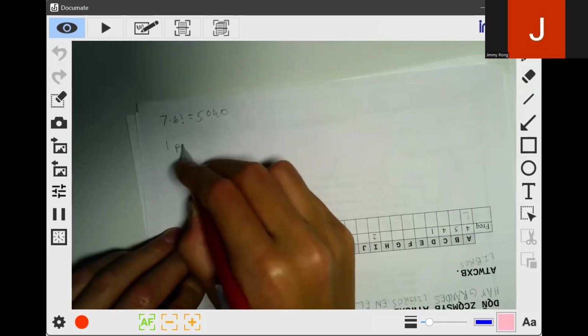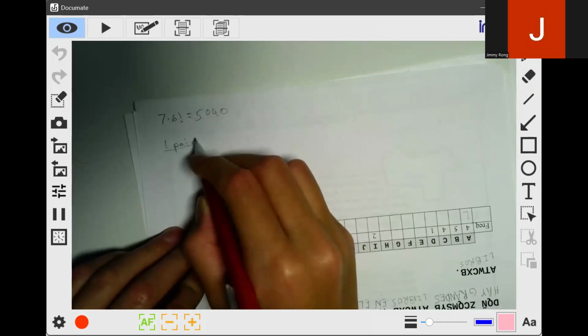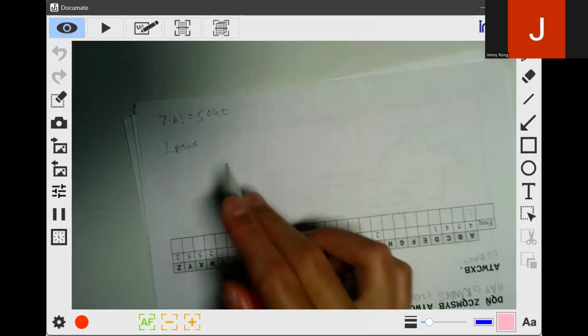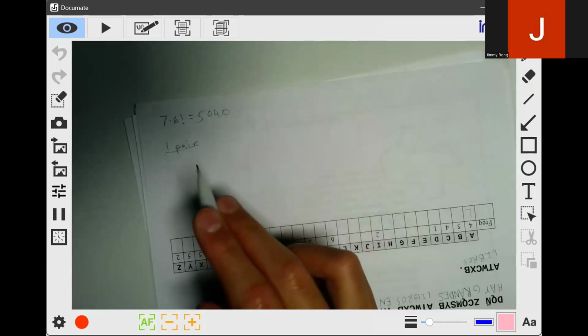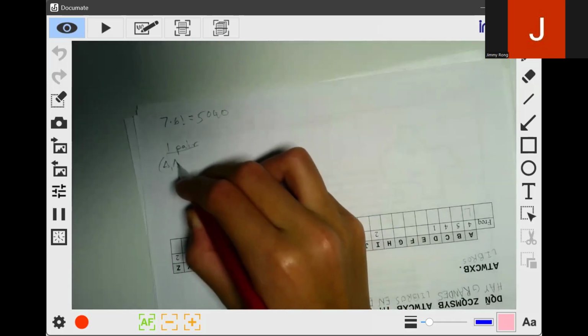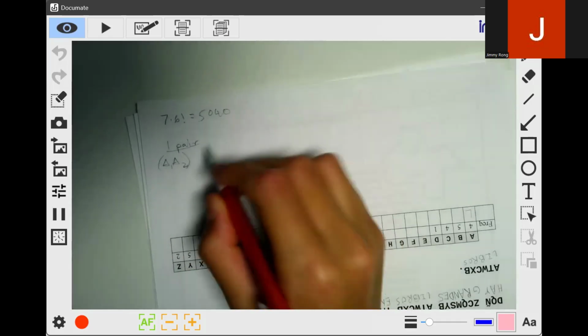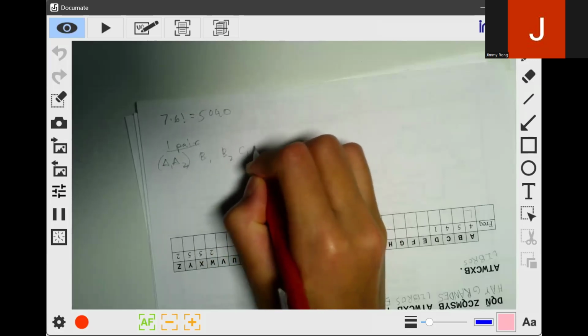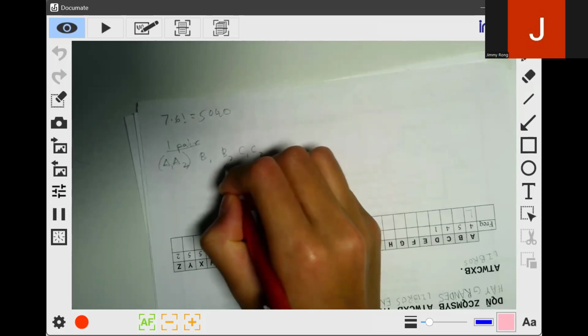And then we use PIE, or the principle of inclusion-exclusion. So if you have one pair, let's suppose A1 and A2 are together, then we have B1, B2, C1, C2, and then an empty chair.